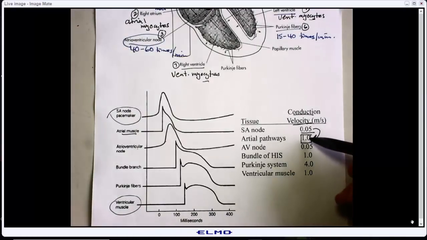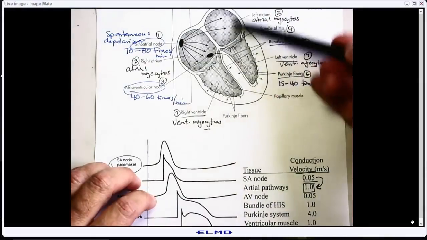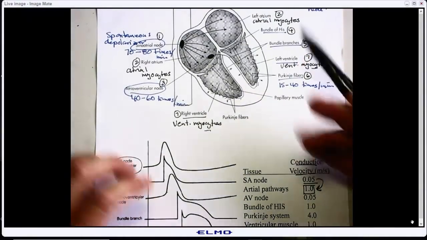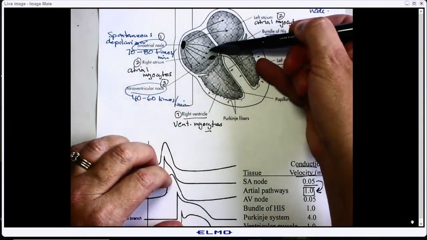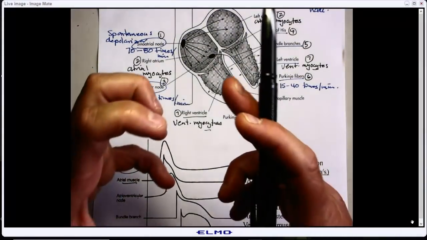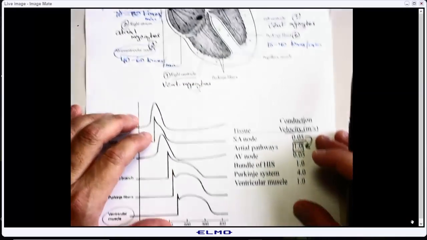And so we need this speed in order to be able to contract all myocytes in both atria at the same time, so the thing contracts as a unit, so that you don't get contraction here, then here, then here, then here, then here. But because the action potential is passed so quickly, you get contraction of the whole thing as a unit, right? We need that chamber to contract as a unit.